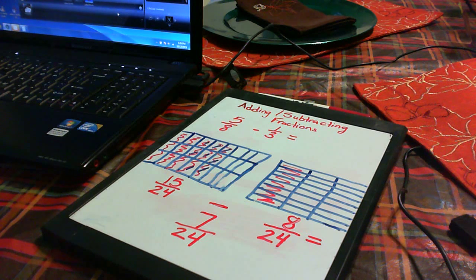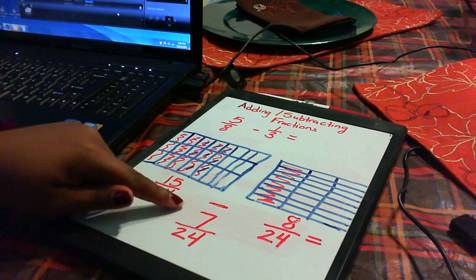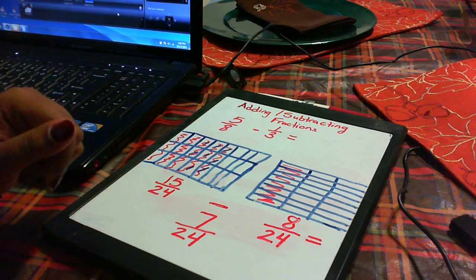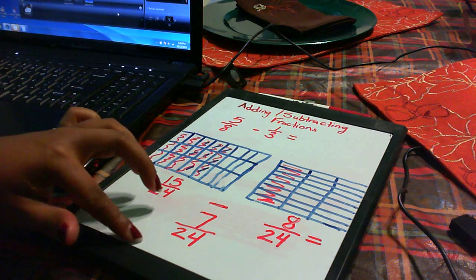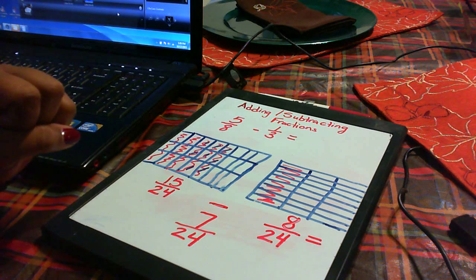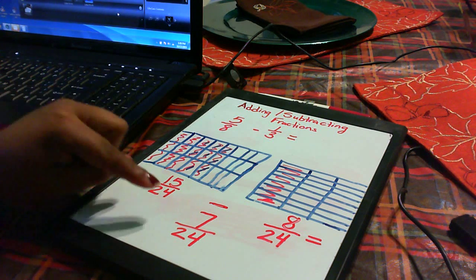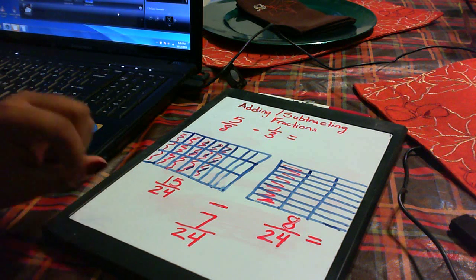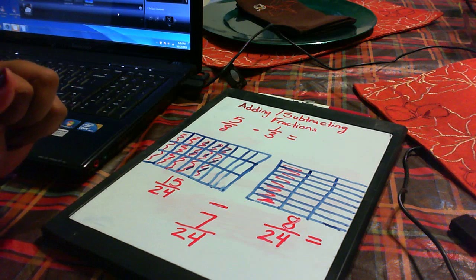So, am I finished? Nope. Because I have to go through my simplifying steps. Are both of these numbers divisible by 10? Nope. What about by 5? Nope. What about by 2? No, because 7 is odd. What about by 3?